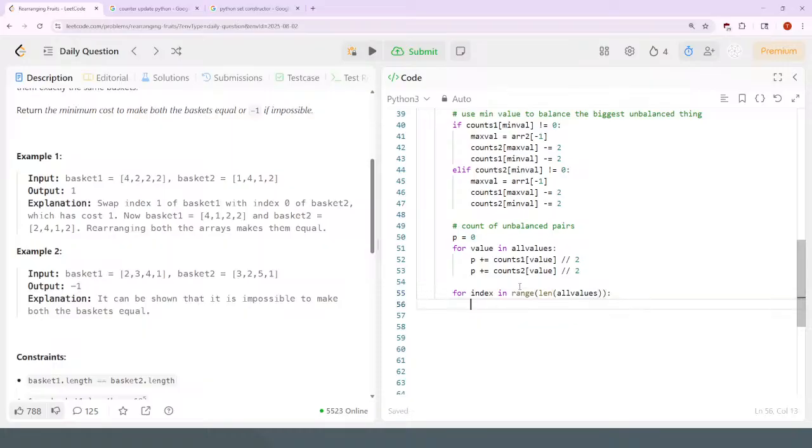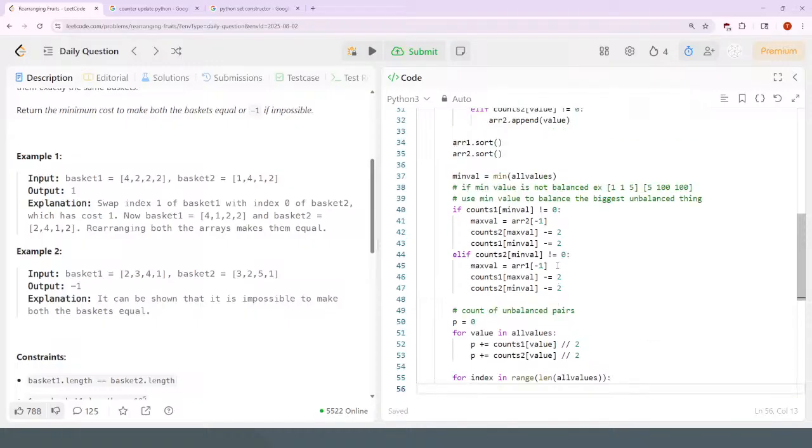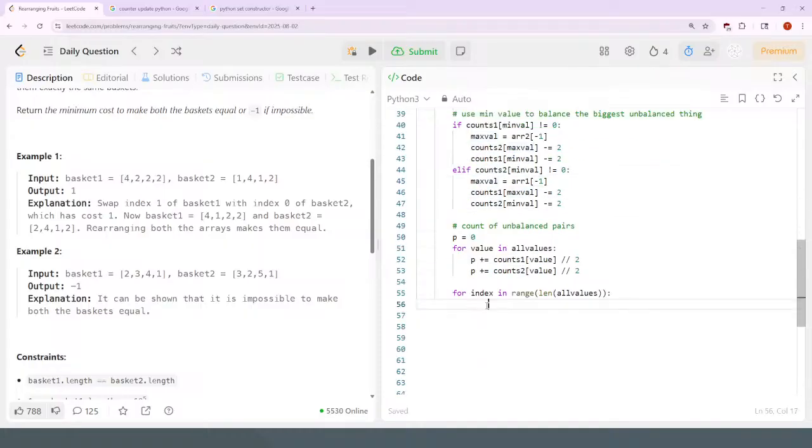So I look at the stuff that's unbalanced in the all values. Wait. So I already removed it. So I think I need an answer value here.